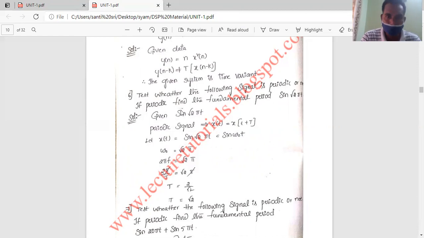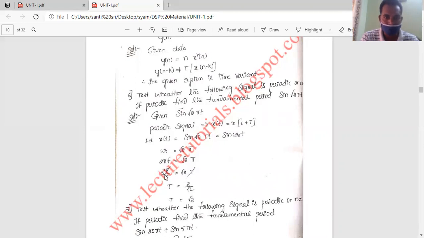So let us take x of t equal to sine root 2 into pi t, which is equated to sine omega naught t. So omega naught is root 2 into pi. We can write omega naught as 2 pi f, and f as 1 by T. So 2 pi by T is equal to root 2 into pi.